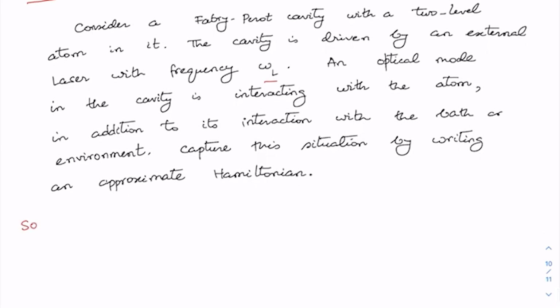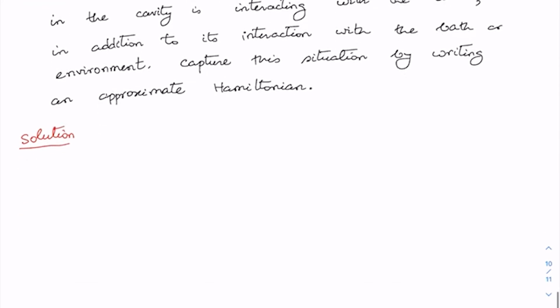This problem is akin to the Jaynes-Cummings Hamiltonian. So we have this Fabry-Pérot cavity, and this cavity is driven by an external laser with frequency omega L, and we have a two-level atom inside the cavity. It has energy levels, the ket states, and we have an optical mode inside it.